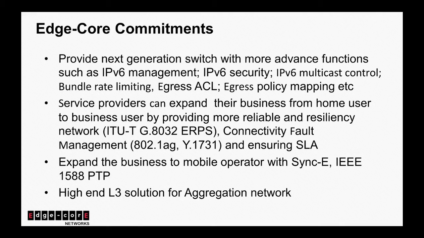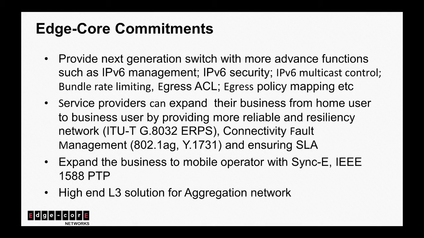Besides that, we also provide the ITU-T standard Y.1731. This function can help the service provider to test the delay or delay variation of the link that they provide to the business user. So this can help them to make sure of the stability of the bandwidth that they provide to the business user.